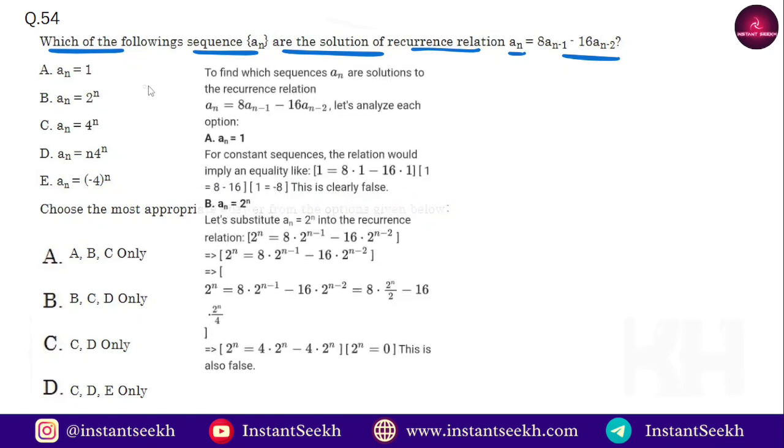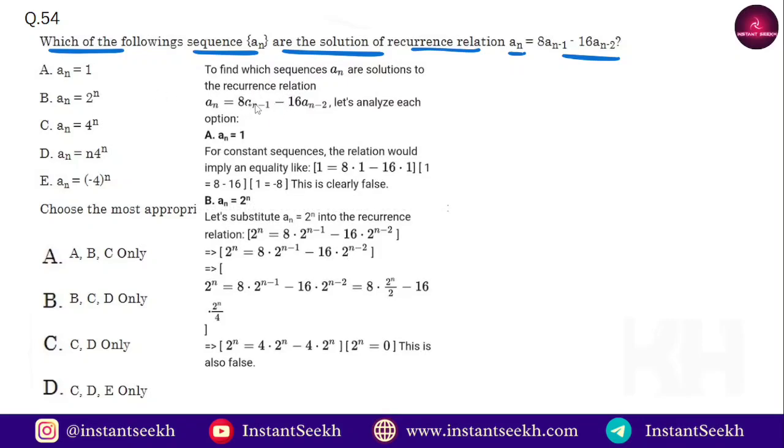For option A, the constant sequence a_n equals 1. If we substitute it in the equation, we will get 1 equal to minus 8, which is clearly false. So option A gets eliminated straight away.